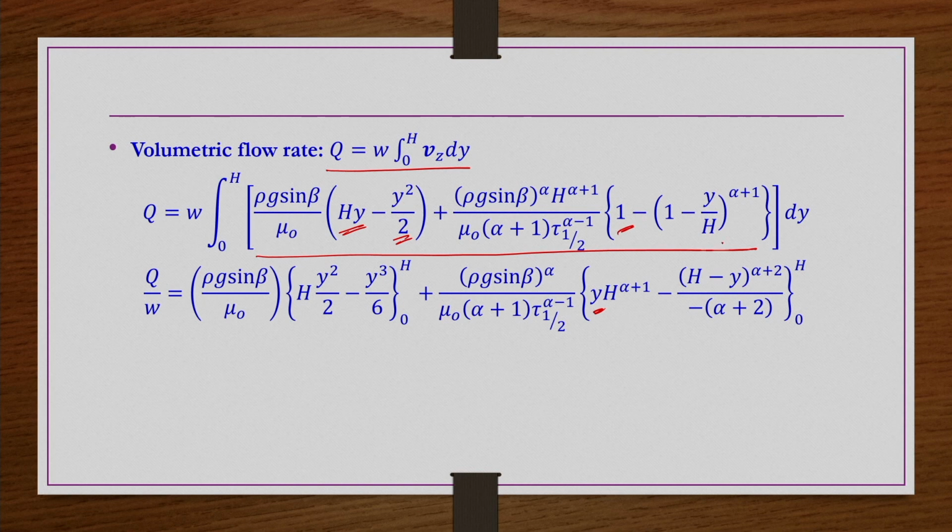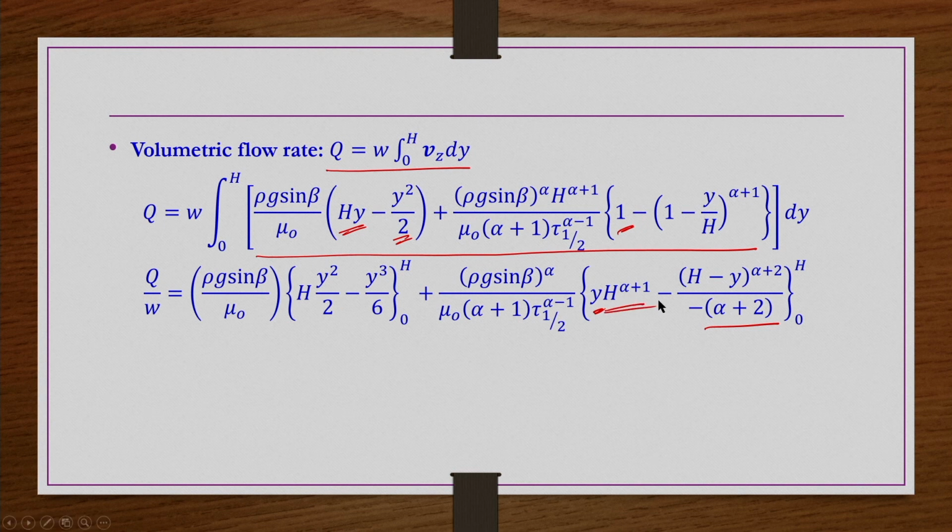Before integration, for this term you do the LCM so that you have (h minus y) divided by h, whole power alpha plus 1. If you integrate (h minus y) to the power alpha plus 1, you get (h minus y) to the power alpha plus 2 divided by alpha plus 2, right. Whatever h to the power alpha plus 1 is there, you have taken common here.